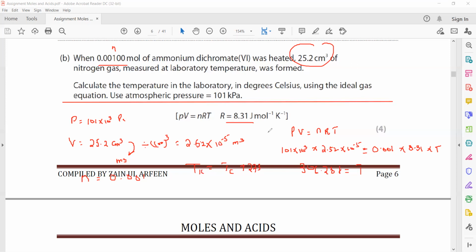So 306.28 equals the temperature in degrees centigrade, which we want to find, that's unknown, plus 273. So 273 will move to the other side, that will be minus 273. So we'll get the temperature, which is 33.3 degrees centigrade.